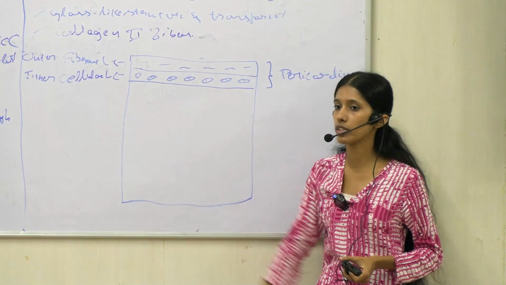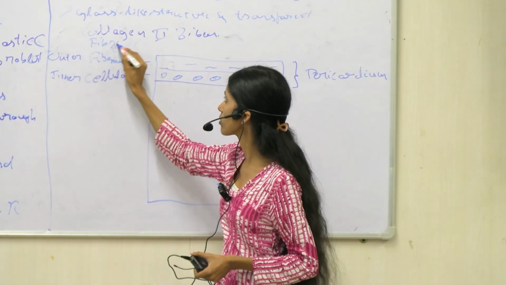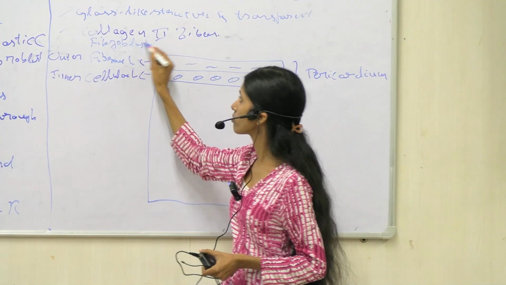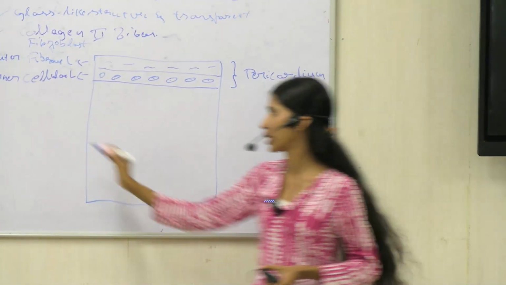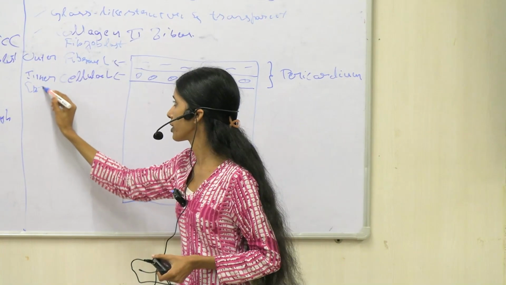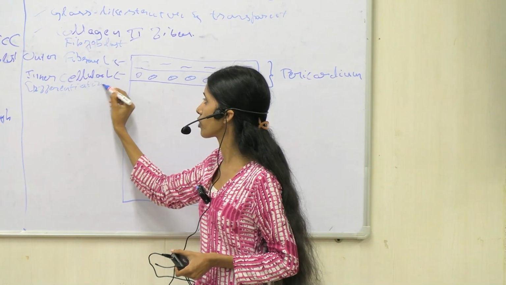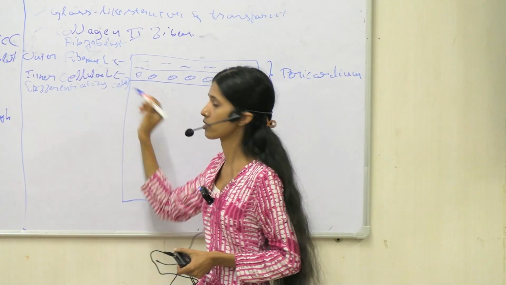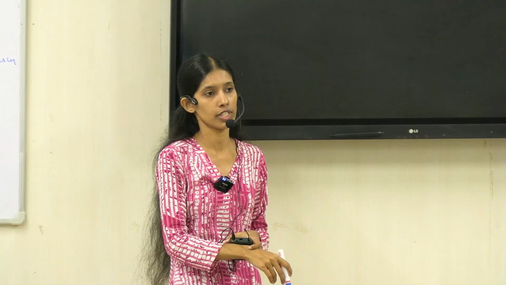This outer fibrous layer is made up of fibroblast cells. And the inner cellular layer is made up of differentiating cells. What do you mean by differentiating cells? What is the special feature of differentiating cells?